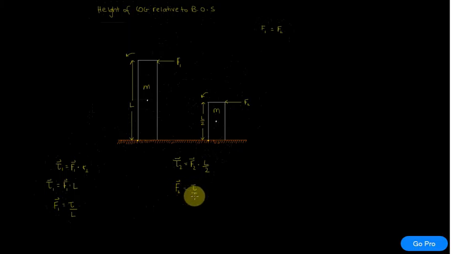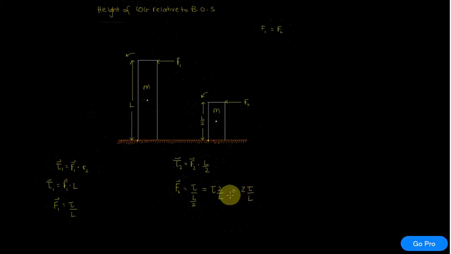Remember, if I have something divided by a ratio, it's like multiplying by the inverse. So this is simply equal to torque times 2 over L. Or, to make it a little more intuitive, let me rewrite that as 2 times torque over L.